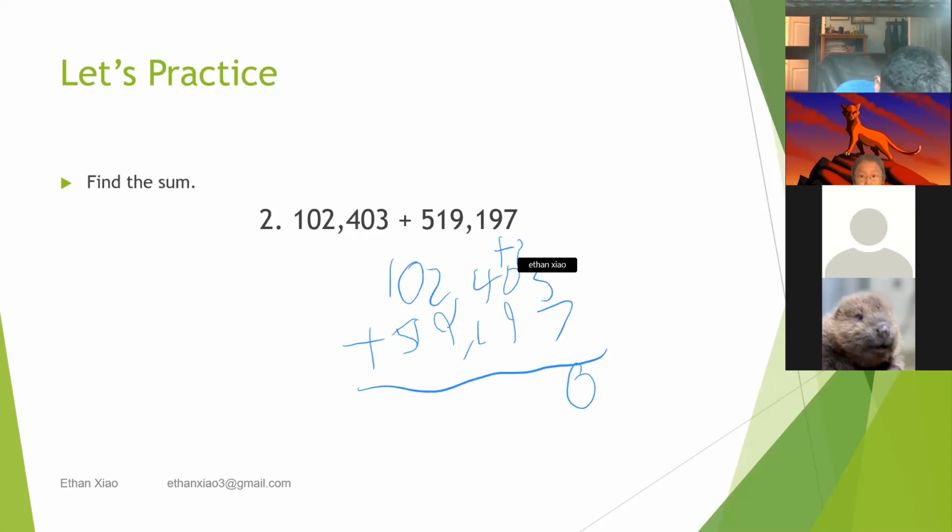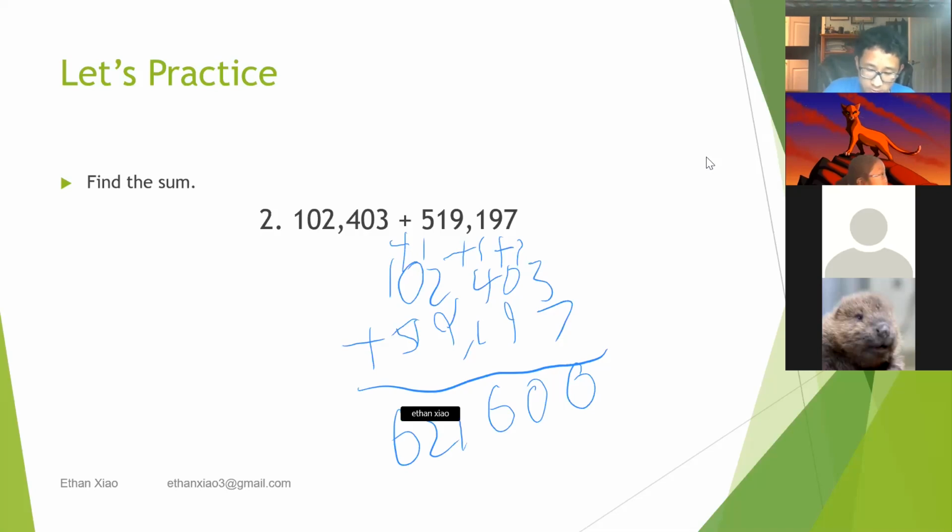And 1 plus 0 plus 9 is 10. So I just add 1 here. And 1 plus 4 plus 1 is 6. And 2 plus 9 is 11. I'm going to add 1 here. 1 plus 0 plus 1 is 2, and 1 plus 5 is 6. So this is the correct answer.